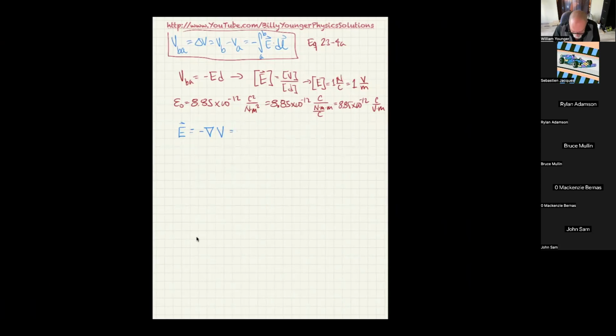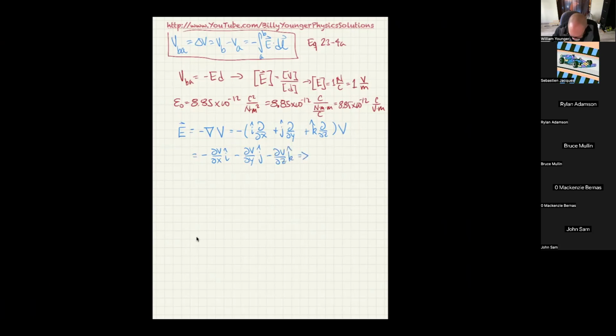I'll put the negative out in front, and write I hat partial with respect to X, plus J hat partial with respect to Y, plus K hat partial with respect to Z, and then V. So I get negative partial of V with respect to X I hat, minus partial of V with respect to Y J hat, minus partial of V with respect to Z K hat.